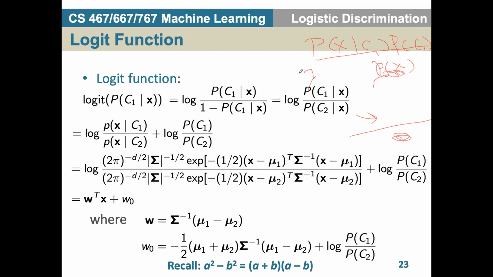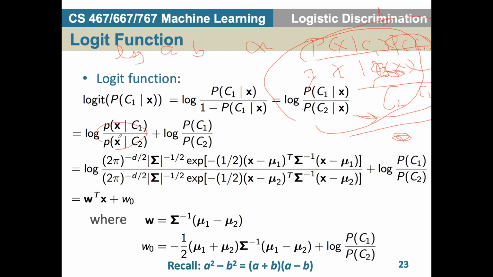So basically it is the log of this thing and the log of this thing, two terms with C2. If we think of this term as A and the other term as B, then this is log of A times B, which equals log A plus log B. Any questions?